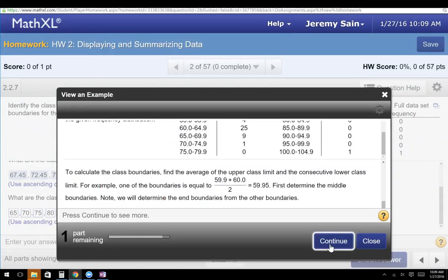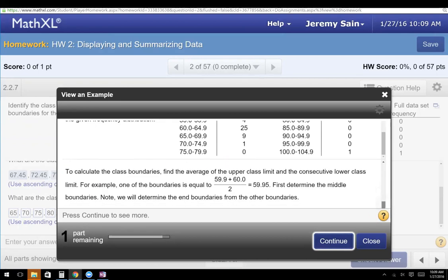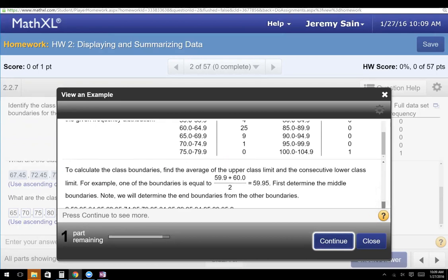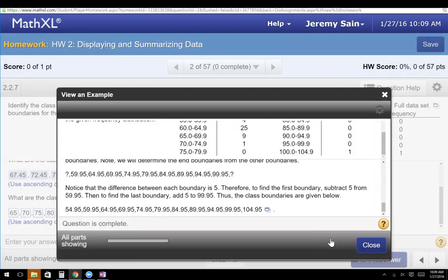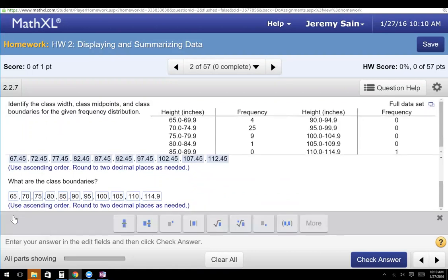Okay, I see what they're doing. Some people do the bottom of one, some people do the top of one, some people do the number in between the bottom of one and the top of the other one. It's not like it really matters terribly.